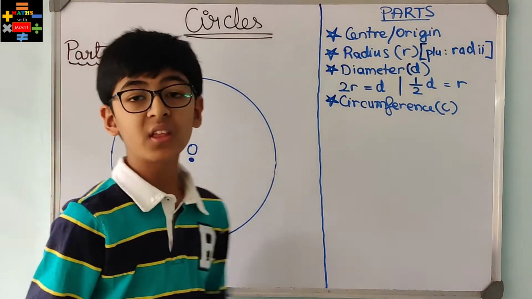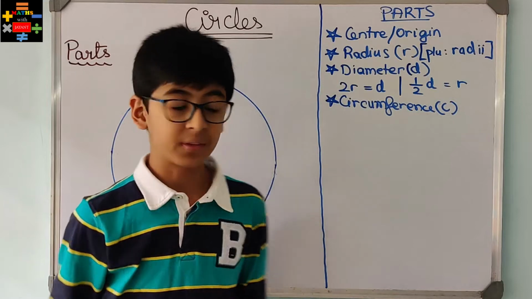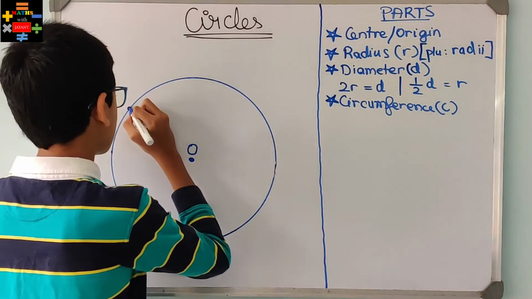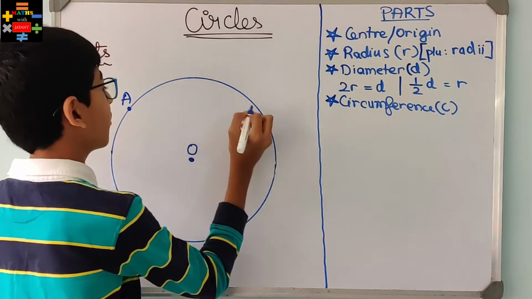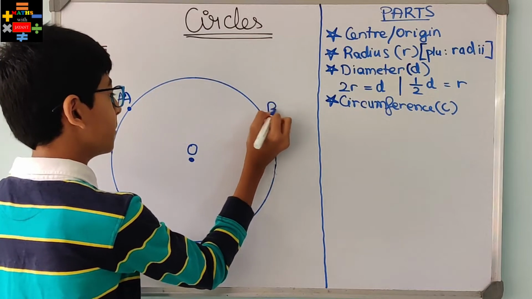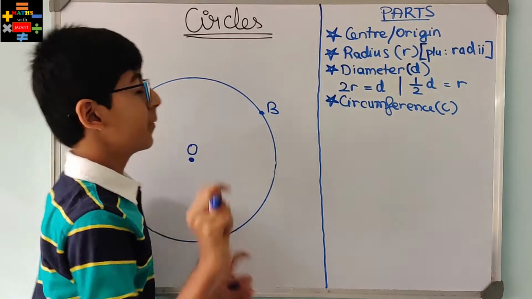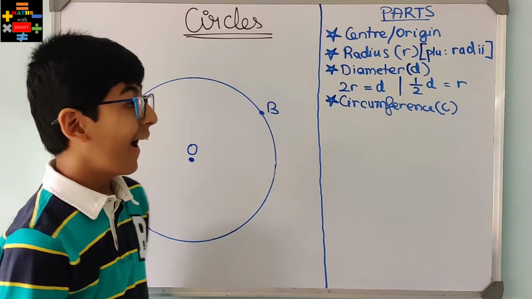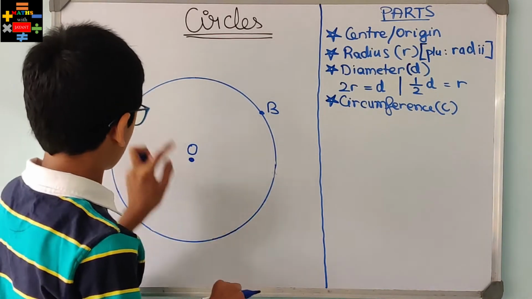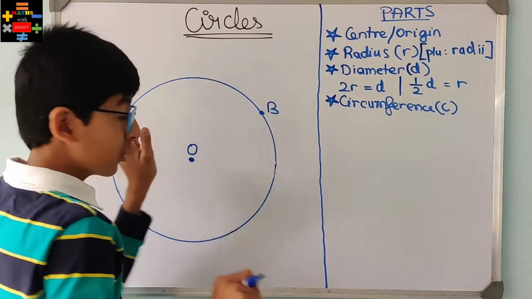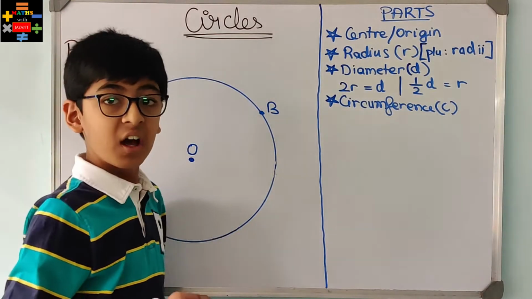Okay, and now let me do some things. I made 2 points, A and B, on the circumference of the circle, basically on the circle. As I did this, our circumference got divided into 2 parts, right? How?